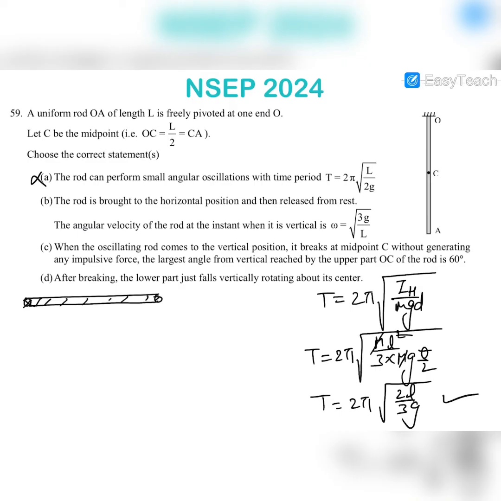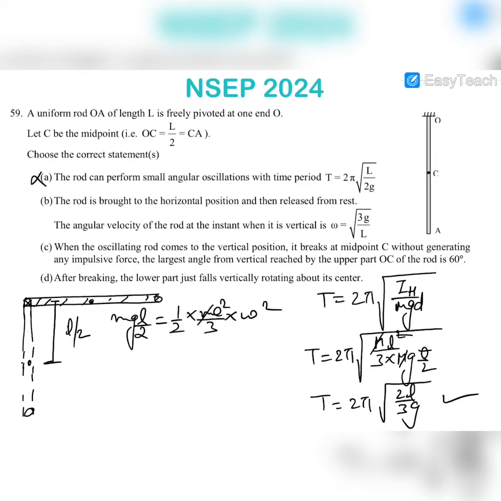The center of mass of the rod has descended by a distance of L by 2, and the work done by gravity is mgL by 2, which is equal to half I omega square, where I is mL square by 3. Cancelling m with m, 2 with 2, L with L, omega is equal to under root of 3g by L. So option B is correct.